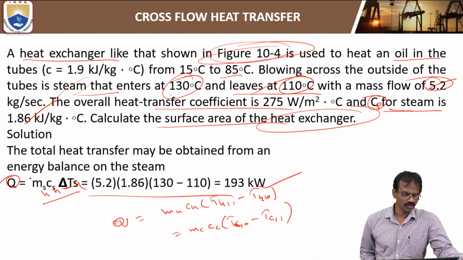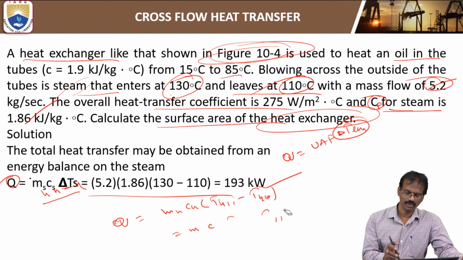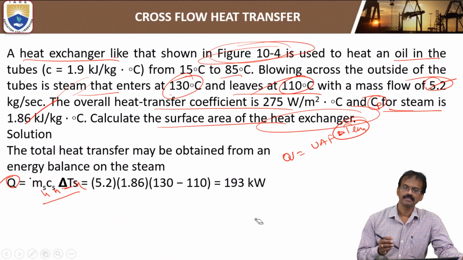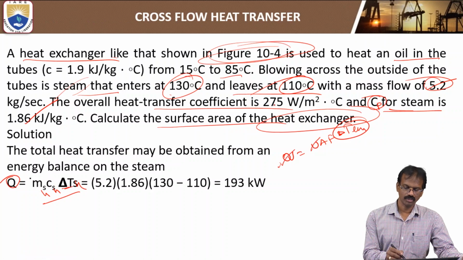Then by using this Q, you know the formula for the cross flow: Q is equal to UA into F into delta TLM. Delta TLM you can find out by using the temperatures, because the inlet and outlet temperatures of the hot fluid and cold fluid are both given. Then you know the value of Q, and the U value, the overall heat transfer coefficient, is also given.